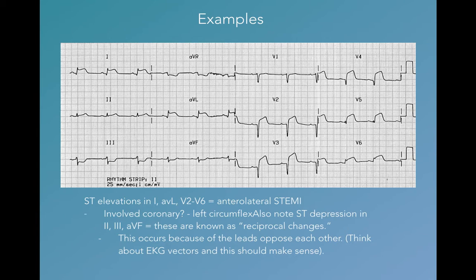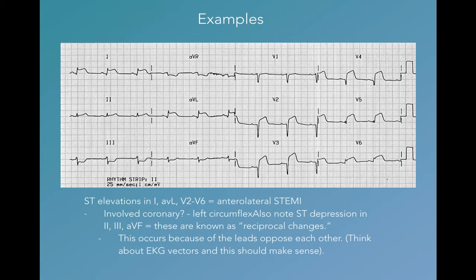So if this is your patient and you see that the ST elevation is in V2, V3, V4, you know that's anterior. So the involved artery would most likely be the left anterior descending artery.